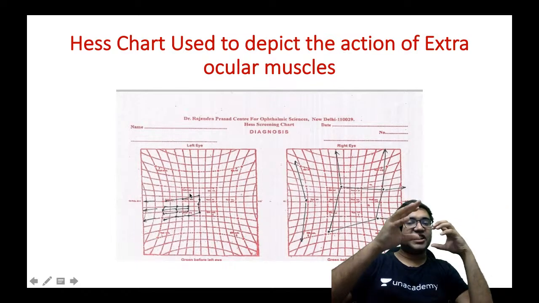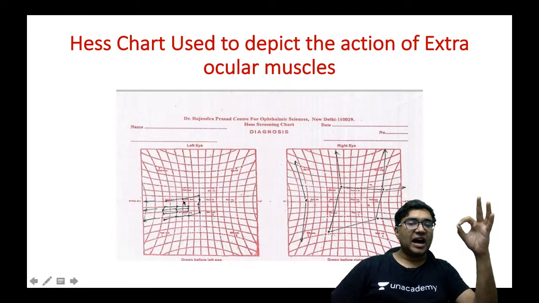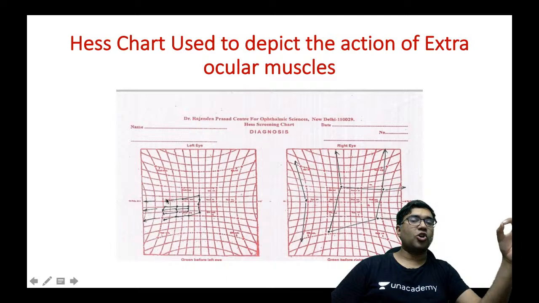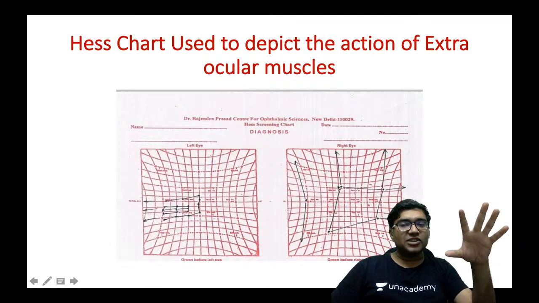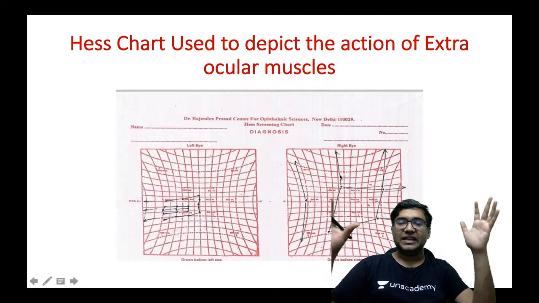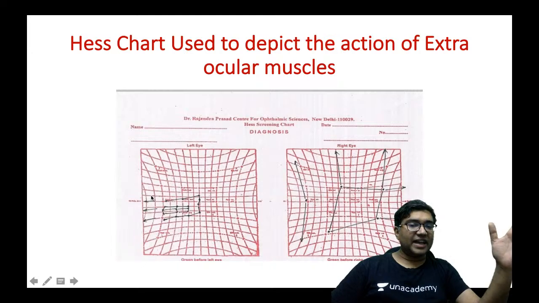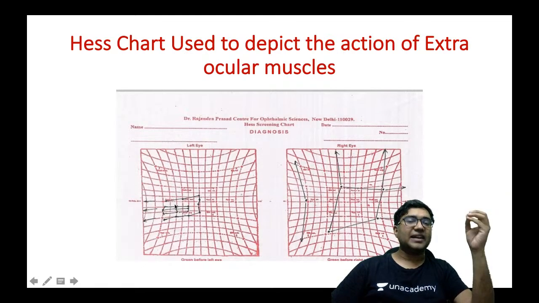So there is a restriction of movement of the left eye extraocular muscles. My right eye extraocular muscles are normal. In my left eye, the extraocular muscles are restricted.